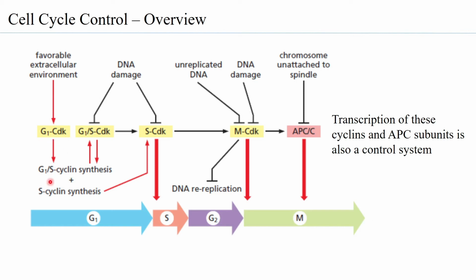That in turn leads to synthesis of G1/S cyclin and S cyclin. So G1/S cyclin can bind to CDK, and it can help in the cell moving from G1 to S phase. The S cyclin also, when binding to CDK, can propel the cell through the S phase, enabling all the functionalities that have to happen at the S CDK.